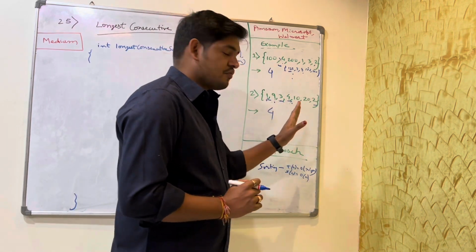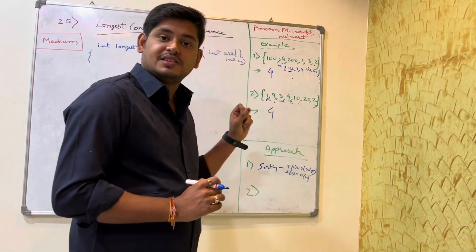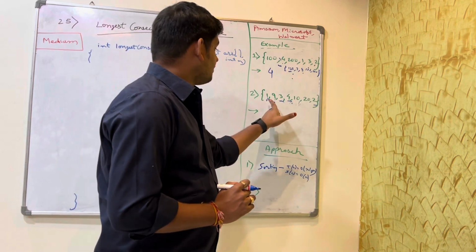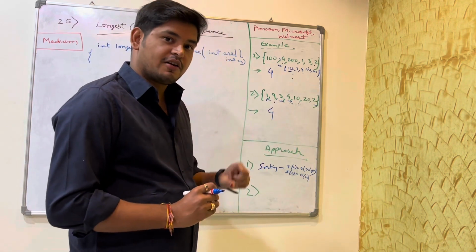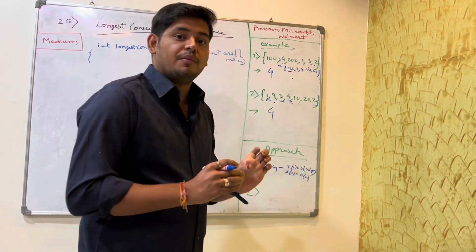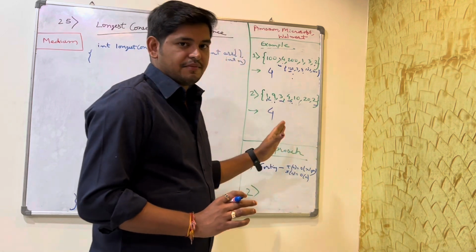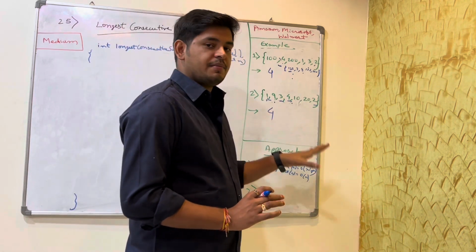So we can prove that the time complexity will still be order of n, because we are not going to traverse the map every time. We traverse only if it is a beginning point, and then we see how many numbers are there. Mathematically I can prove that the time complexity would still be order of n only.